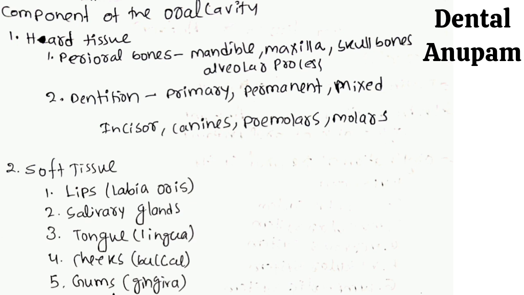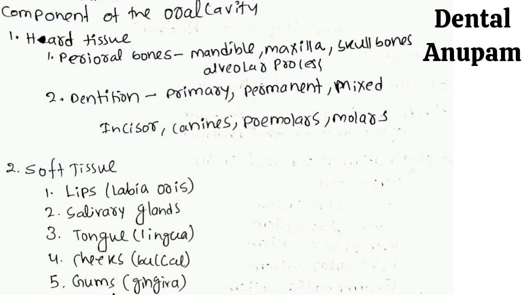Primary dentition is the first set of teeth that erupt into the oral cavity. They are 20 in number and are also referred to as baby teeth or deciduous teeth. Permanent dentition refers to the second set of succedaneous teeth that erupt after shedding of the primary dentition.